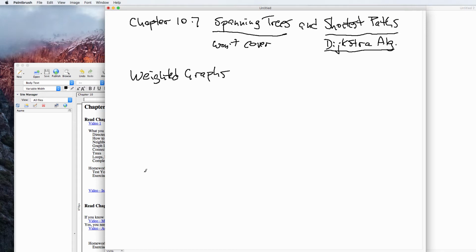What I want to do here is draw a graph for you. I'm going to call this point A, and we're going to come up here to B, and we can come down here to C. We're going to associate some numbers with these edges, and we'll talk in a moment about what that could mean. Now from B, we're going to come way over here.